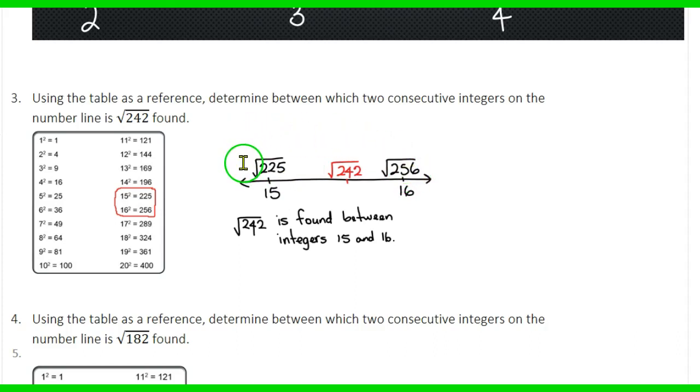So now, the square root of 225 is 15, the square root of 256 is 16, and the square root of 242 lies here, which is more than 15 and less than 16. To answer our question, the square root of 242 is found between integers 15 and 16.